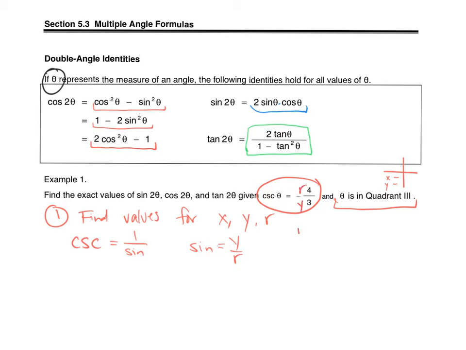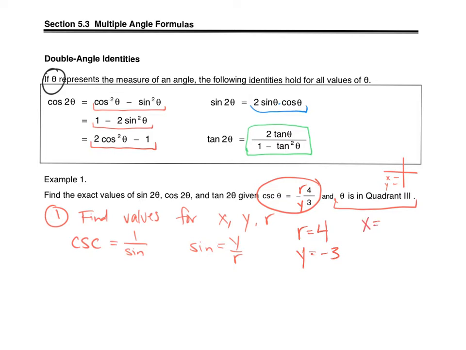My radius is always going to be a positive number, so that's the +4, and then the negative goes with the y for -3. I need to find x, and you may be thinking this is a 3, 4, 5 special right triangle, but in that one the hypotenuse is 5. Here the hypotenuse, otherwise known as r, is 4. So we have to use our Pythagorean theorem.